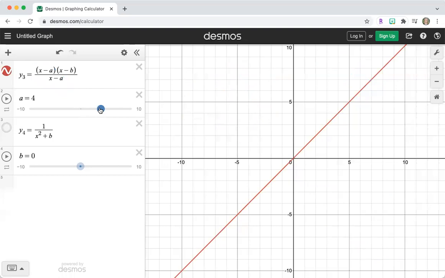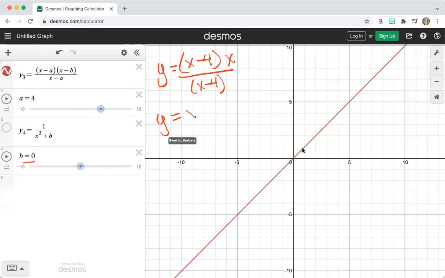So now we've created, I'll plug it all in, y equals x minus 4 times x, because b is still 0 down here, divided by x minus 4. So again, we see this same factor, x minus 4, x minus 4. So we want to simplify that, divide those out, and we get the line y equals x. Our line did not change.